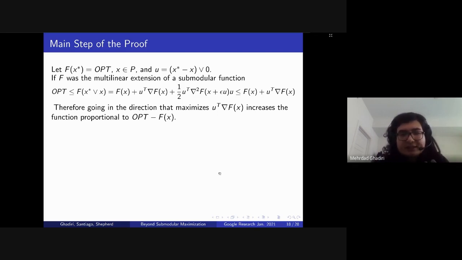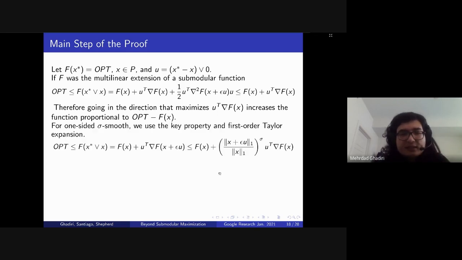So we generalize this to one-sided smooth functions. Basically, for one-sided smooth functions, we write the first order Taylor expansion, and we use the key property that we proved a few slides ago. Opt is less than or equal to f of the maximum of x star and x, and then we write the first order Taylor expansion, which holds for some epsilon between 0 and 1.